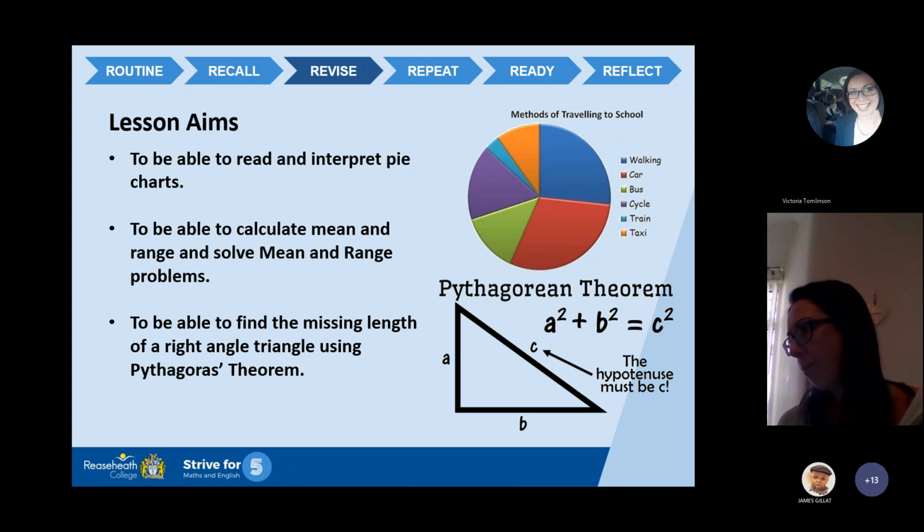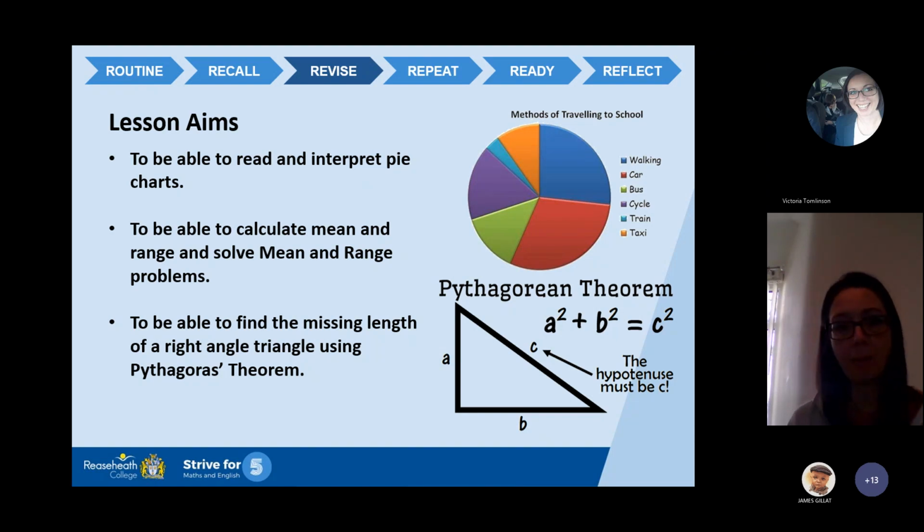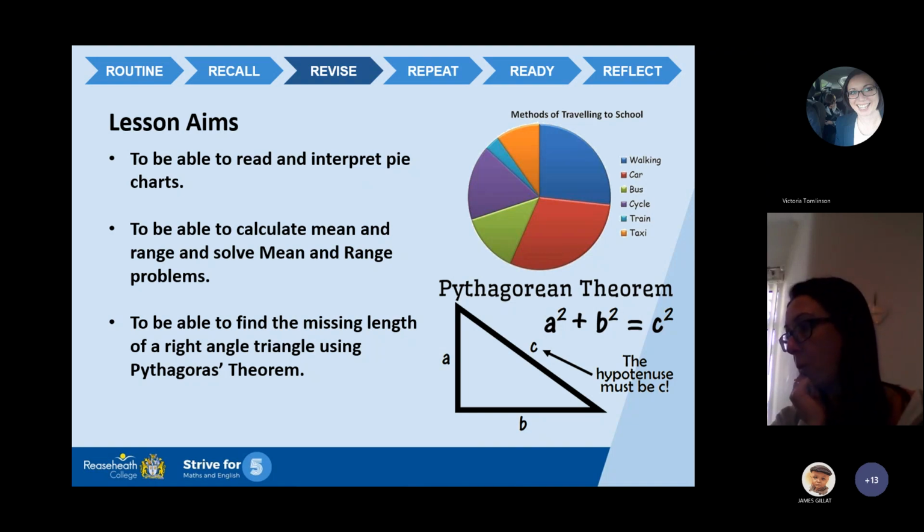So we've got some people saying Pythag and some people saying mean. It's not mode anyway, it's just mean and range. So it's kind of a mixed bag. People want both, so we'll make sure that we cover both before the end anyway.